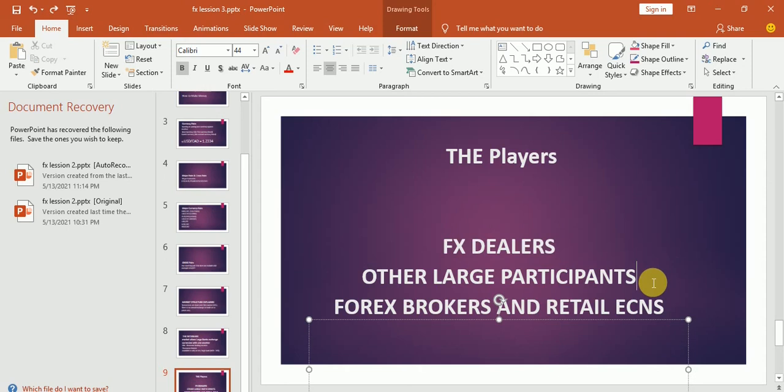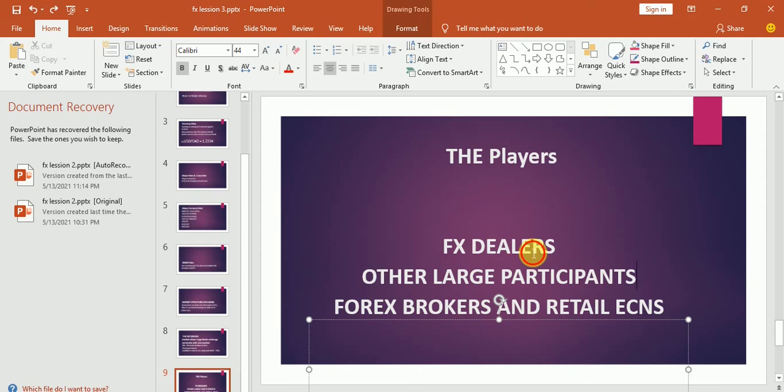So these guys are giving money to these guys. Not that they are really giving money, but they are trading under these dealers. Okay, whereby the brokers and the other retail ECNs are trading under these guys. So you see the way the thing goes.